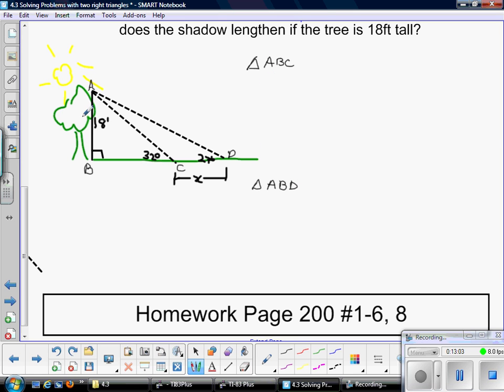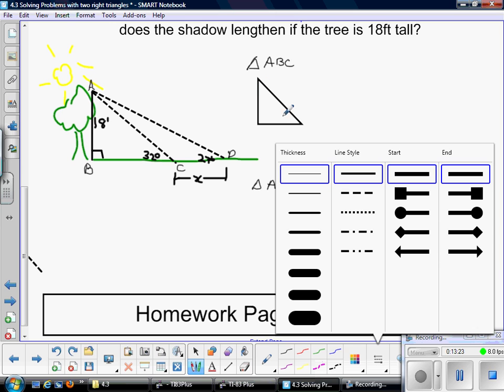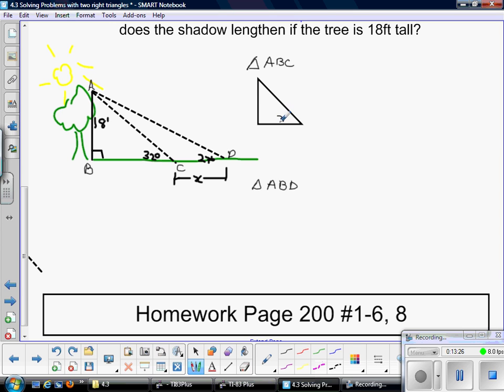So if we do look at the small one first, what we can see is if we redraw it, and I'm just going to make the computer give it to us. Okay, so here it is. We know that this is the 32 degrees. Our tree is 18 feet tall. And if I could find this length, y, I might be able to then use it and find the other and subtract. Okay, so same kind of process.